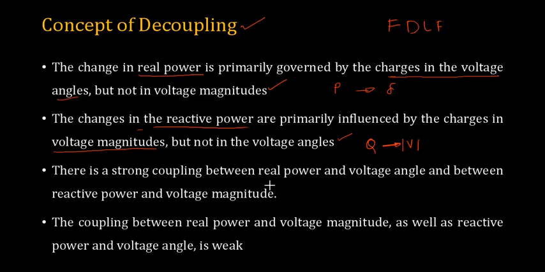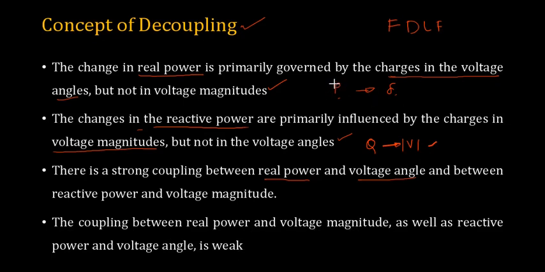So we can say that there is a strong coupling between the real power and the voltage angle, and a strong coupling between the reactive power and the voltage magnitude, while the coupling between the real power and the voltage magnitude, and between the reactive power and the voltage angle, is weak.